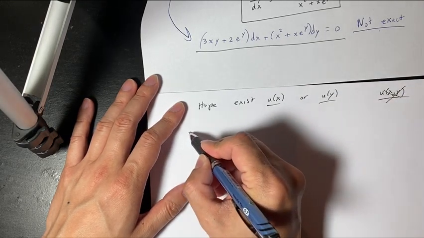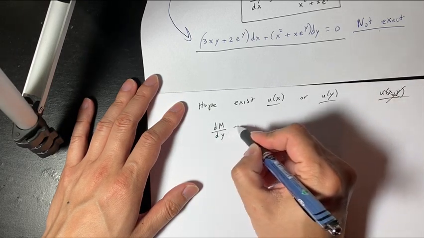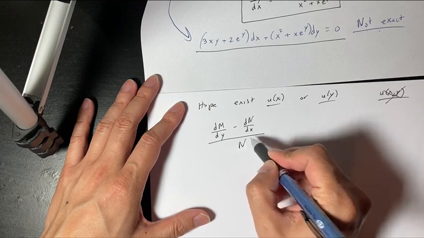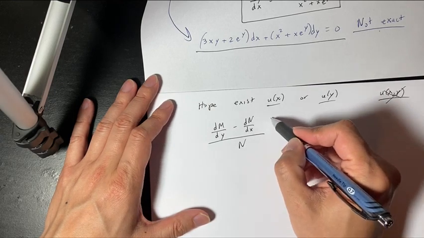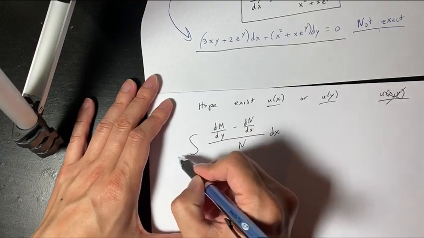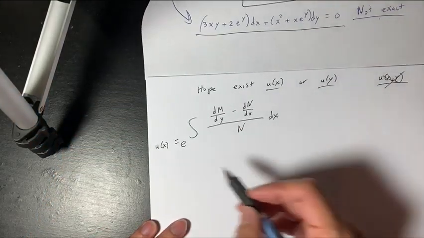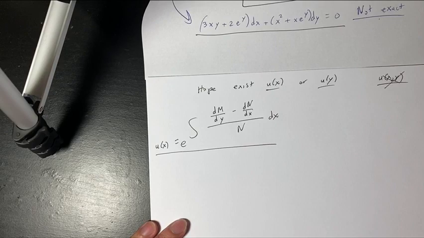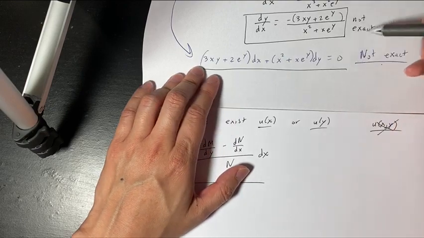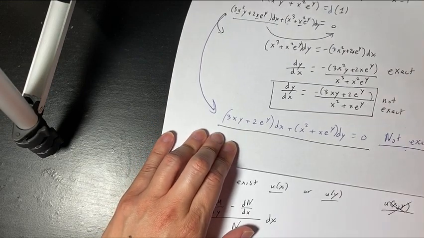So you first want to check if it's just purely in terms of x. If it is, you can integrate with respect to x, and then your u is u of x. So you just have to check both. I'm just going to check this because I know it's going to be in terms of x, because I already know the factor that I canceled out is x, because we're solving this problem which we know the solution to.